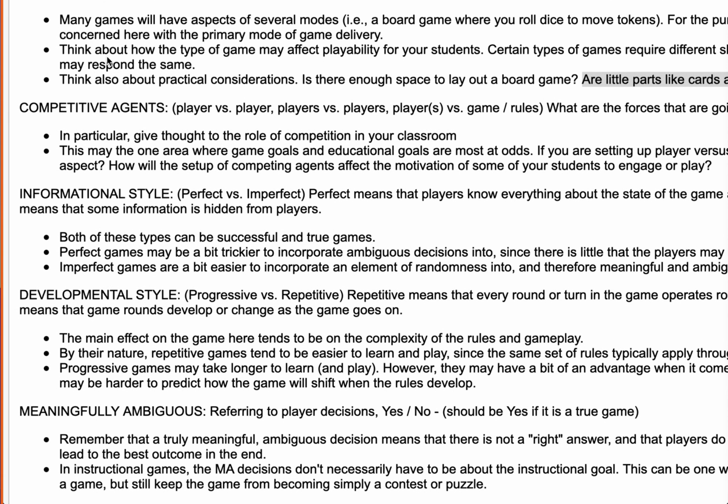Imperfect games are then the opposite. So to go back to an example I was just using, Monopoly, right? At any given point in the game, you know where your player is, you know where the other players' tokens are, you know which properties have houses and hotels on them, but you don't know that for the cards. There's chance cards, there's the community chest cards.